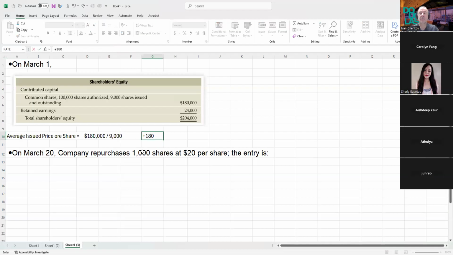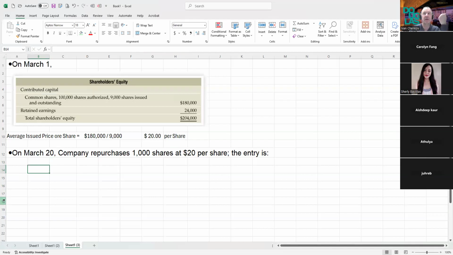That's going to give you $20 per share. Now, let's assume that on March 1st, the company repurchased 1,000 shares at $20 per share. What are we buying? What are we going to get when we buy the shares?